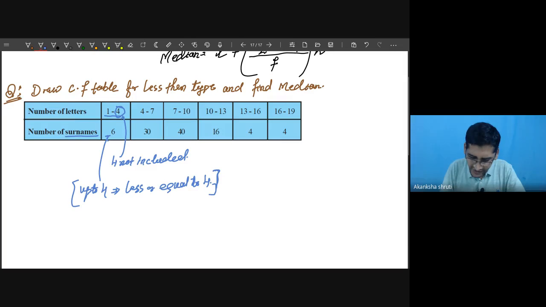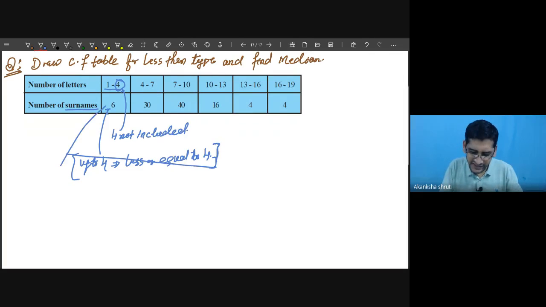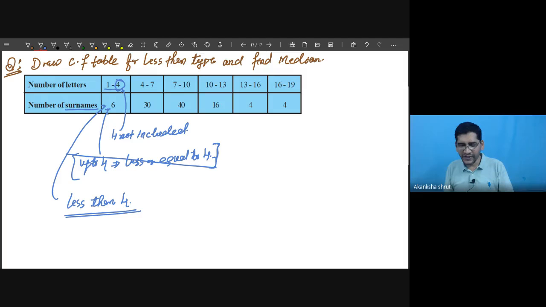So what is the correct way of writing? The correct way of writing is, for this 6, it is less than 4. Okay, student? This way we have to take. So for cumulative frequency, meaning cascading the frequencies, we shall take less than 4, less than 7, less than 10, less than 12.